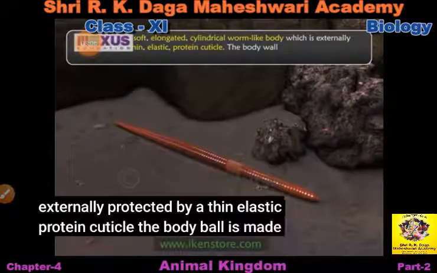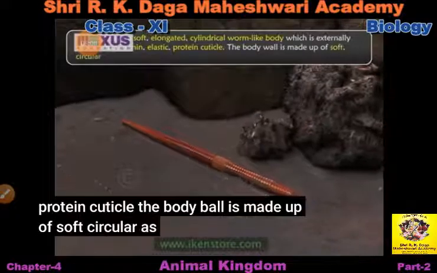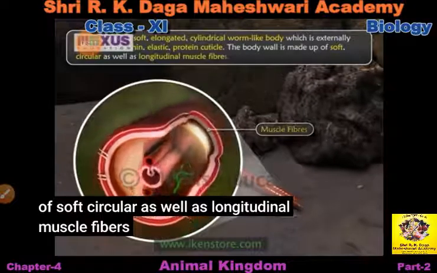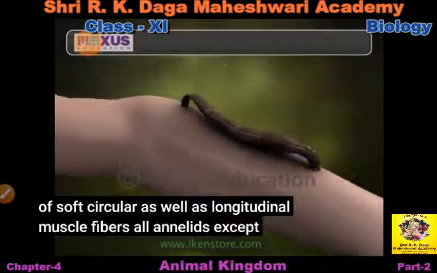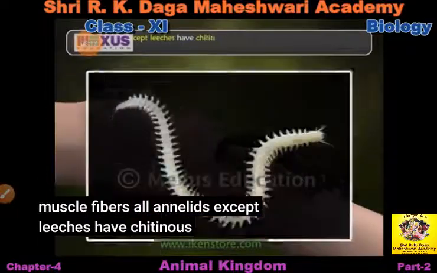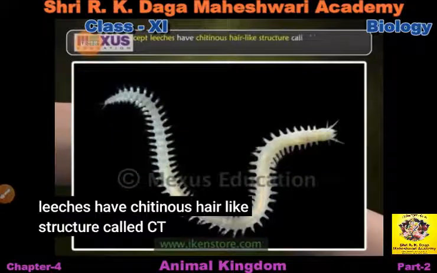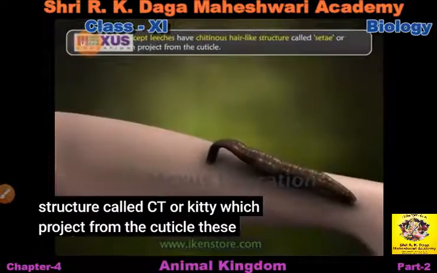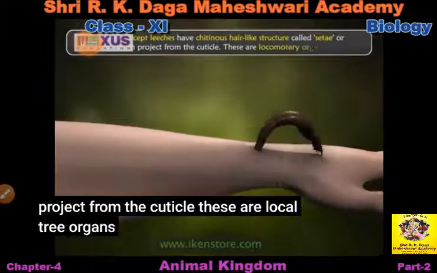The body wall is made up of soft, circular, as well as longitudinal muscle fibers. All annelids except leeches have chitinous hair-like structures called setae or chaetae, which project from the cuticle. These are locomotory organs.